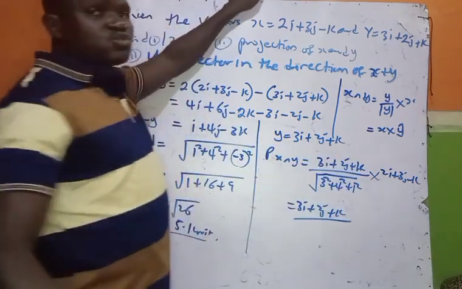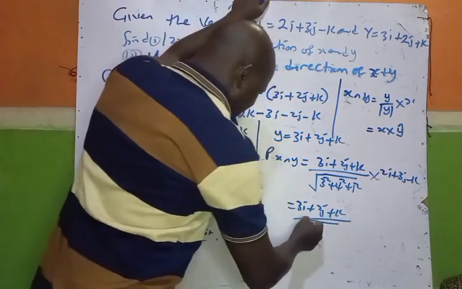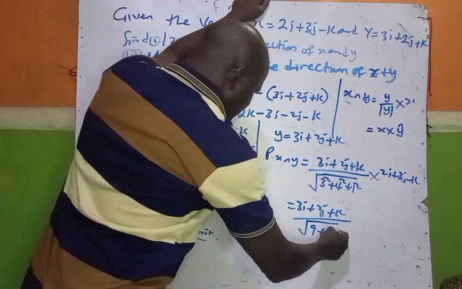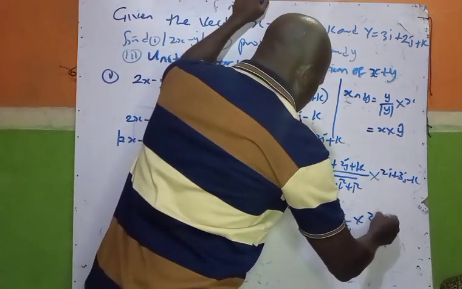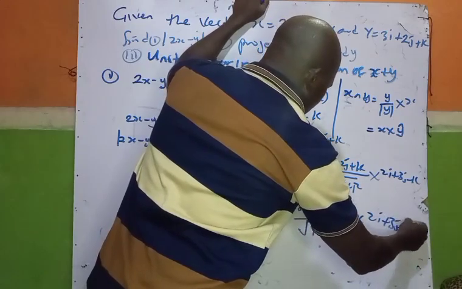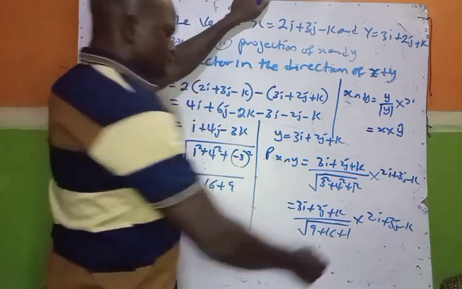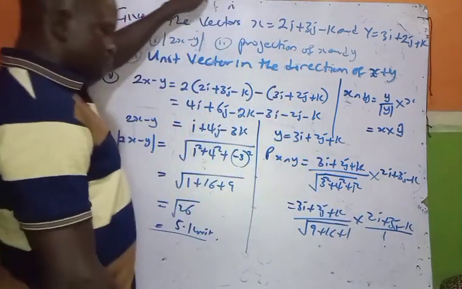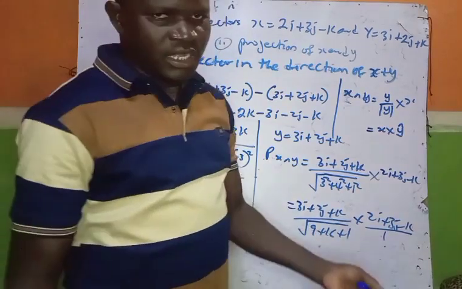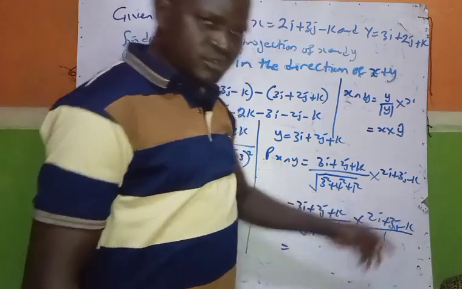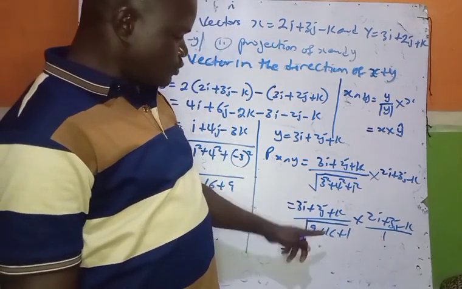So what you have here is 3i plus 2j plus k over root of, 3 squared is 9, so you have 9 plus 4 plus 1, then multiply by 2i plus 3j minus k. So this is what you have. Then for this, you are going to find the scalar product, or dot product.